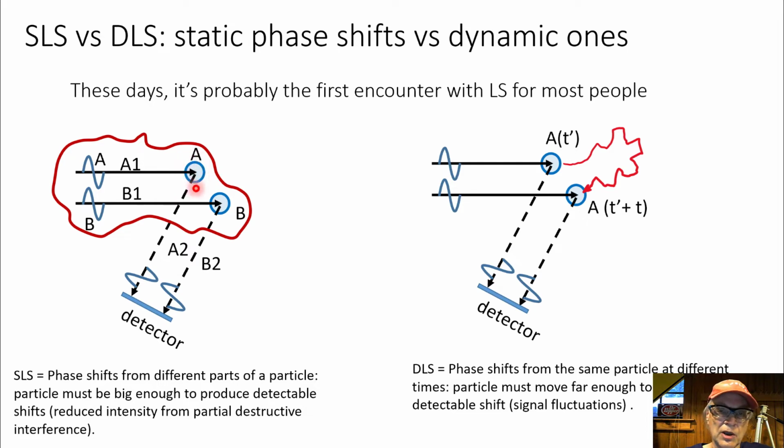And it has a subvolume A and a subvolume B, and the scattering through A and the scattering through B could be out of phase and destructively interfere, whether fully or only partially, doesn't really matter. So we're used to the idea that things that are in different locations lead to a phase shift, and in static light scattering, you follow that phase shift as a function of angle, and you back out something like the radius of gyration.